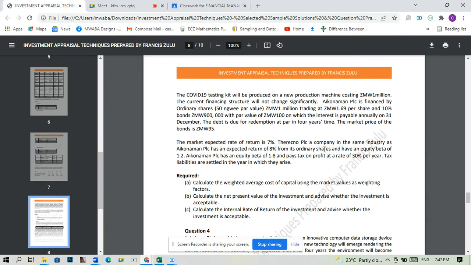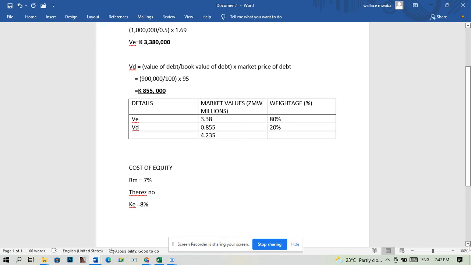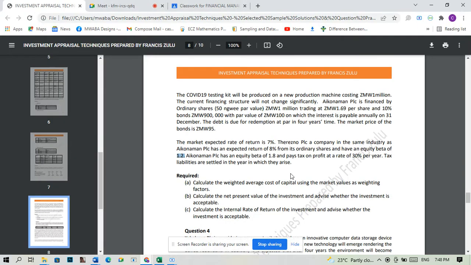From its ordinary shares and has an equity beta of 1.2. We're calculating the cost of equity for Iconaman, okay? But what we're going to notice in this question is that we haven't been given the risk-free rate.